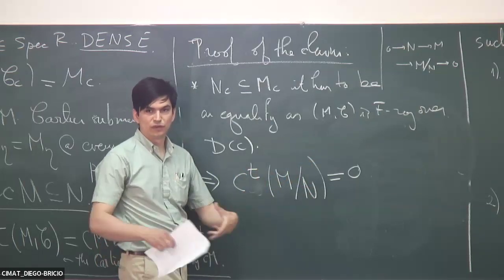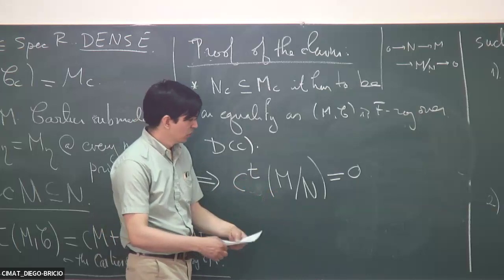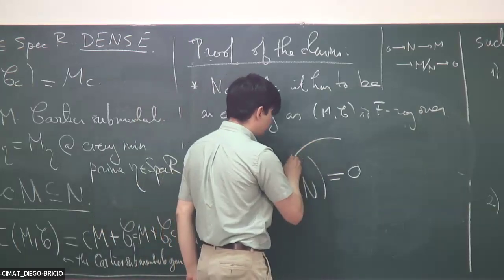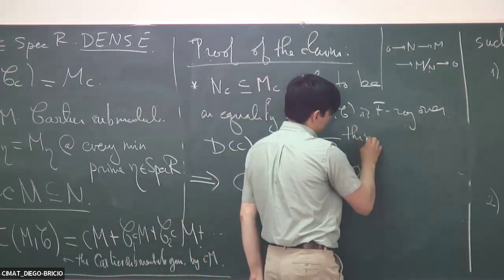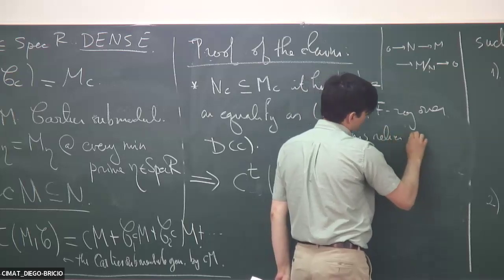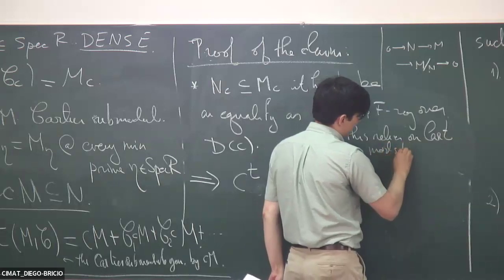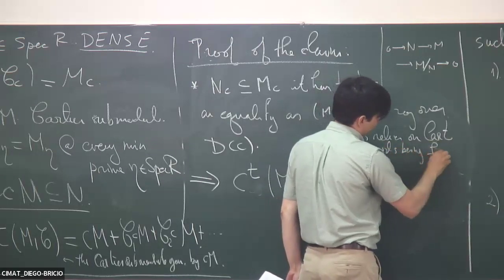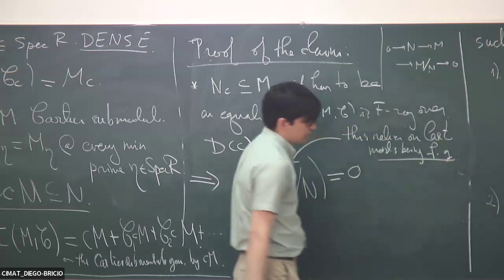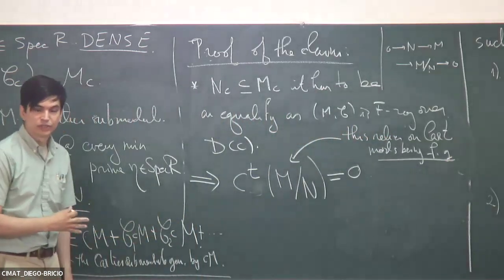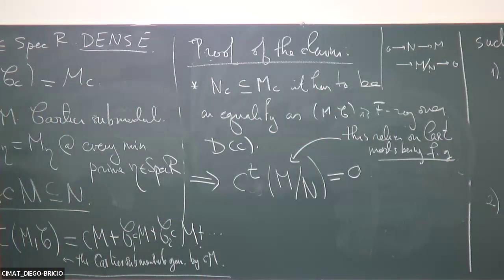And so by collecting a sufficiently large power, you can kill the whole module. So this relies on Cartier modules being finitely generated. And actually, this is one of the reasons why we assume that Cartier modules are finitely generated. Otherwise, we have no idea of anything.